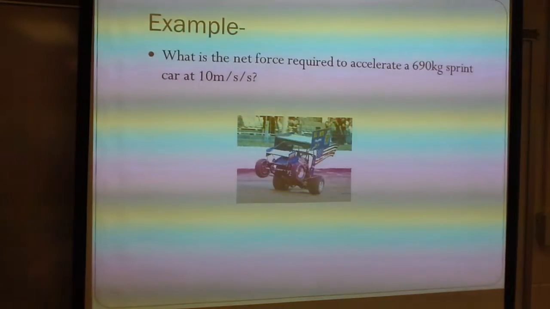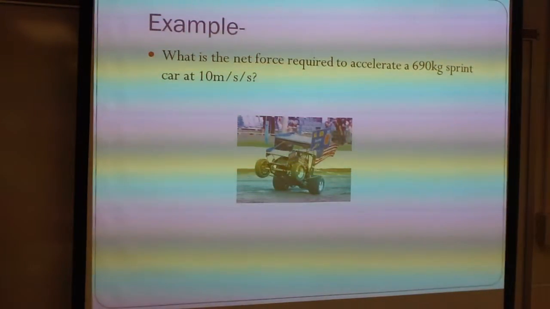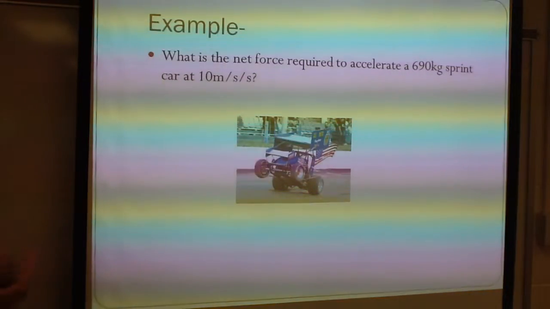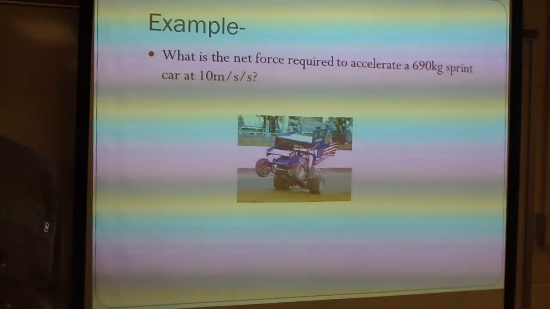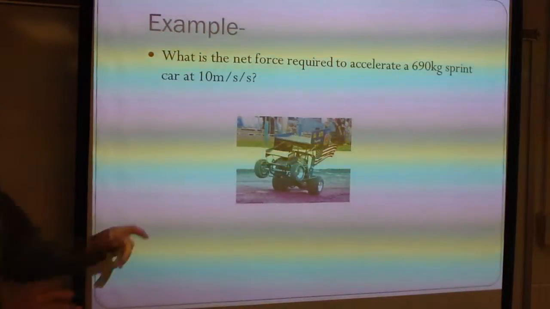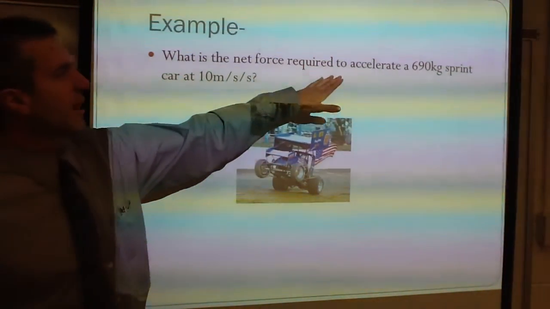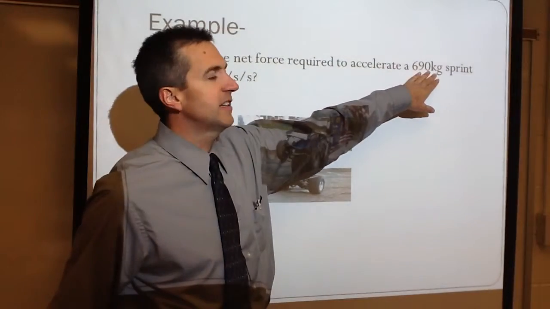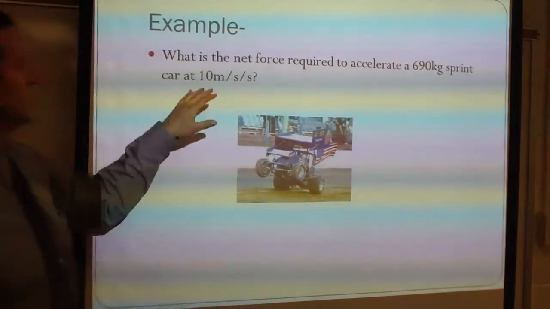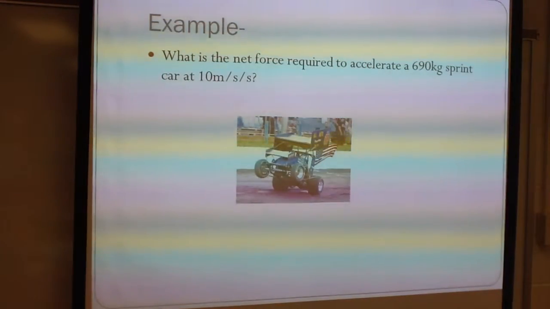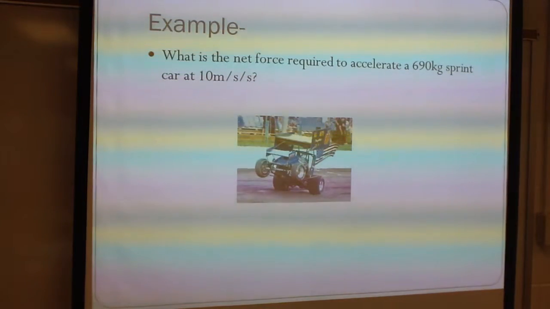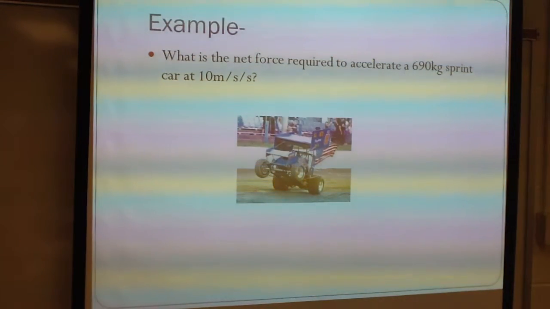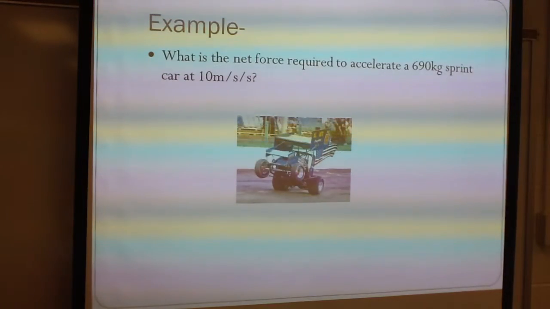So I gave you a little example. It'll be real quick here. We've talked about these sprint cars before. Here's a picture of one. He must have throttled it up a lot, so it pulled the front wheels off the ground. It's pretty cool. What is the net force required if this 690 kilogram sprint car is accelerating at, we'll call it 1g, 10 meters per second squared, because it's real close to 1g? So, 6,900. How'd you get that?